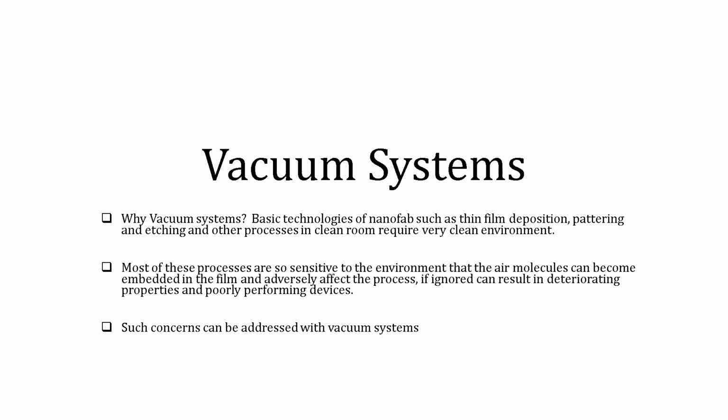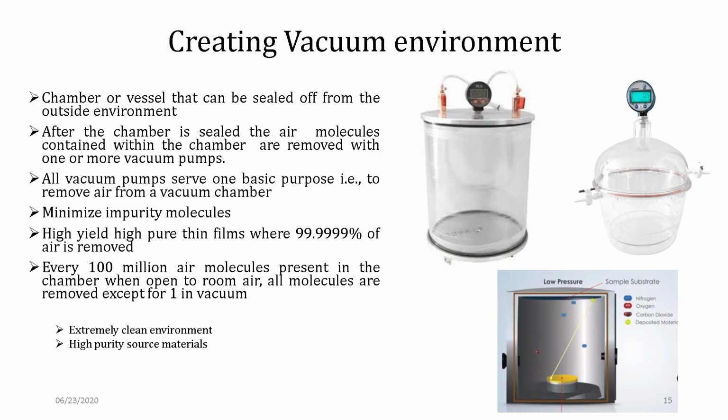Be it for thin film deposition, patterning or etching, we always use vacuum systems. All the processes we've discussed so far are very sensitive to the environment, which means we need to carry out all of these processes in a very controlled ambience. That's why we need vacuum systems.